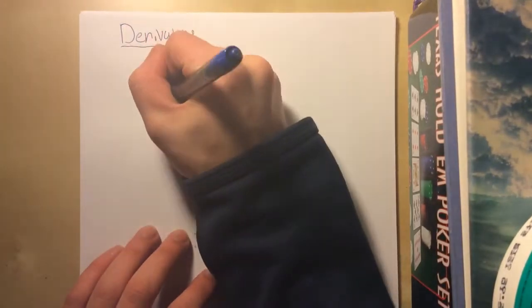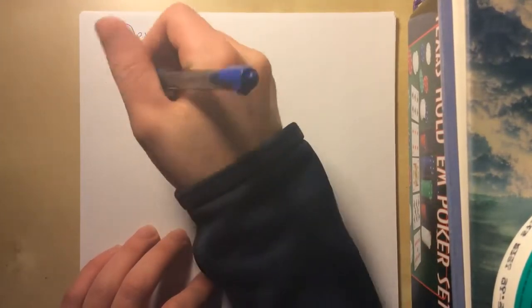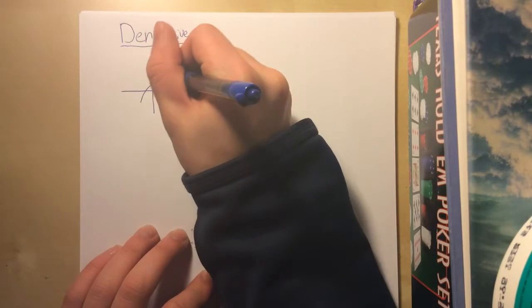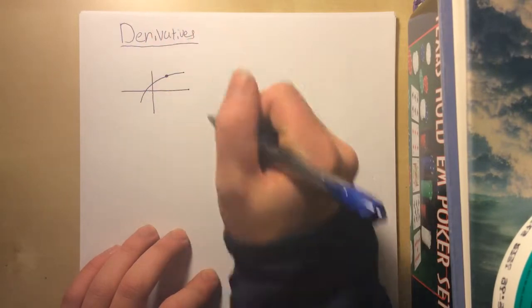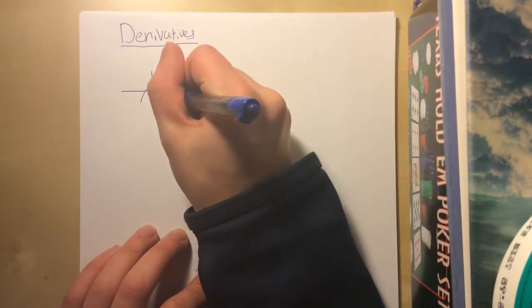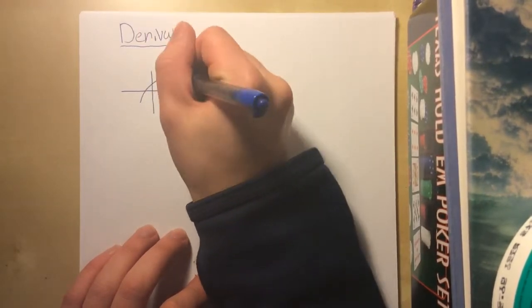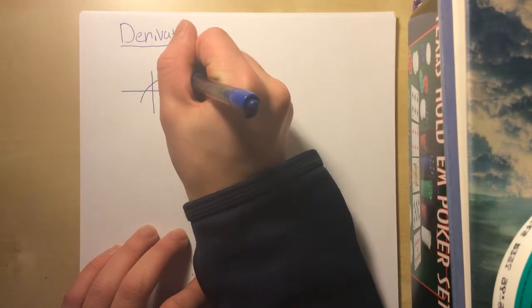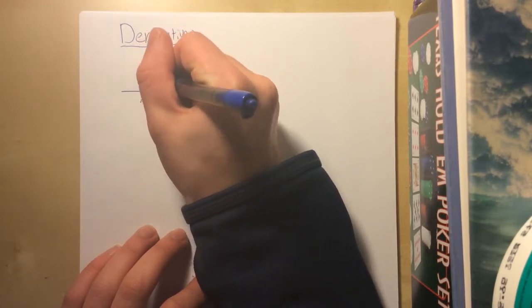So let's just say we have this function, f of x, and we have a point on this function. The derivative at that point, let's say this is x equals 1, the derivative at x equals 1 is simply the slope of this tangent line.